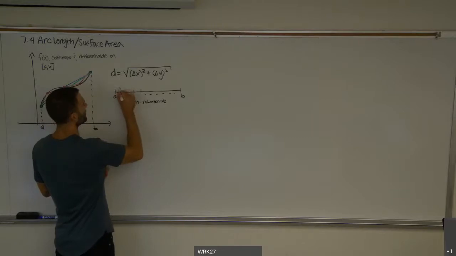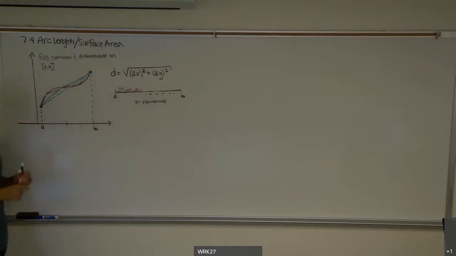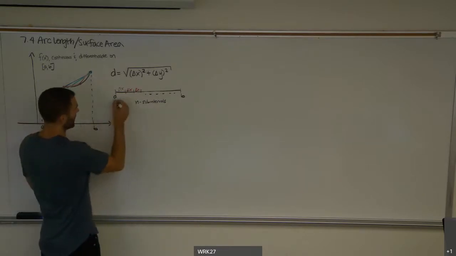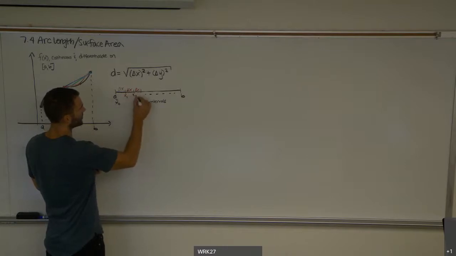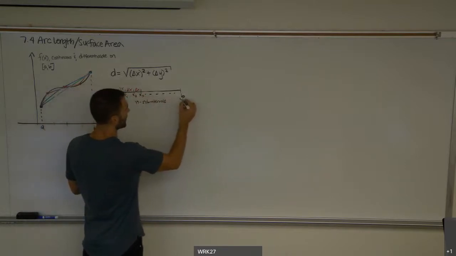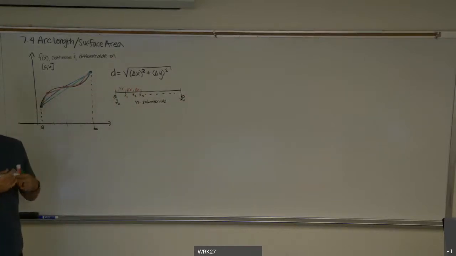We'll make sure they're all evenly spaced, giving me a bunch of delta x sized subintervals along A to B. And so we'll give them names. We'll call this one x0. This one will be x1, x2, x3, up to xn, that would be the last one. Dividing this into n subintervals.